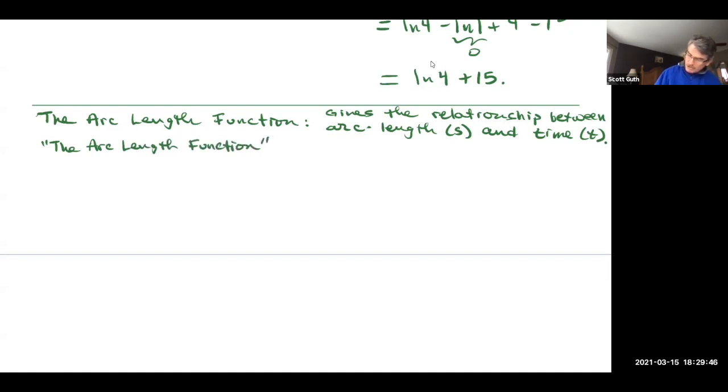Let's say the arc length function gives the relationship. I'm actually repeating what I just wrote. Okay, here's the relationship.